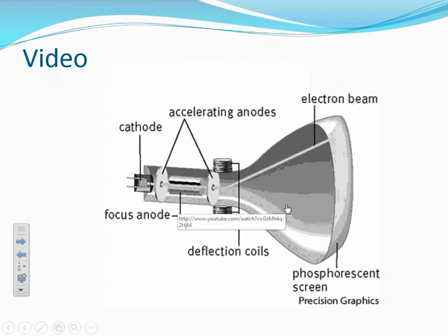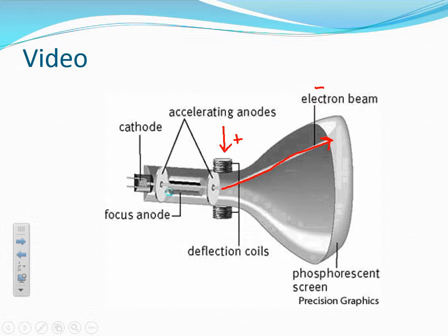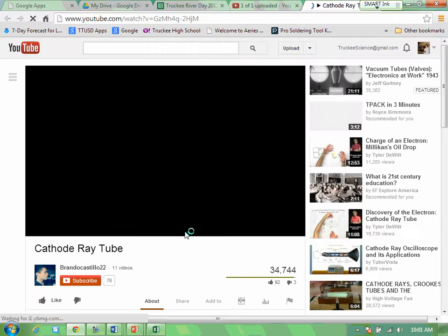So the cathode ray has a positive and a negative, and they can deflect these electrons and make it bend. So if electrons are negatively charged, this has to be a positive so that the electrons bend towards it. So I'm going to turn on this video so we can watch it.